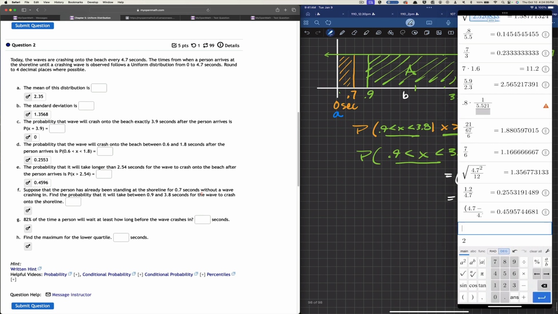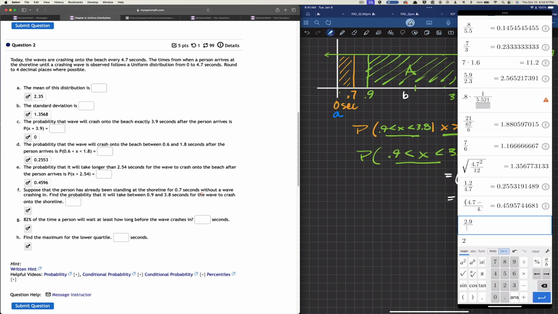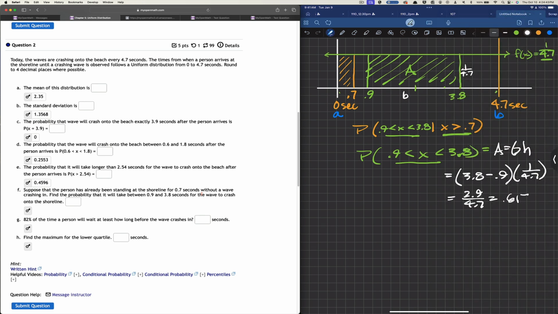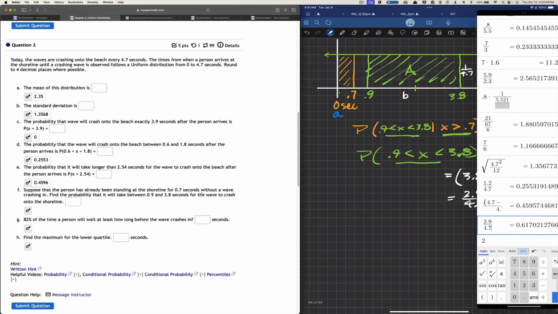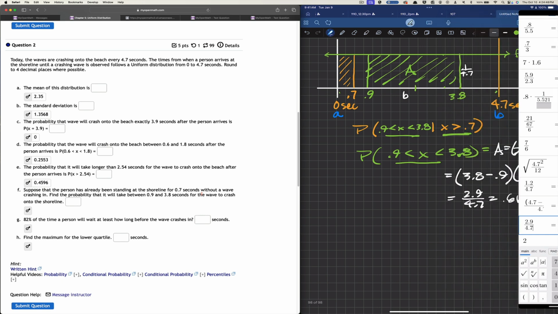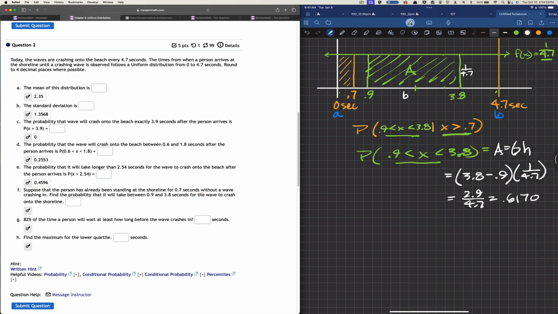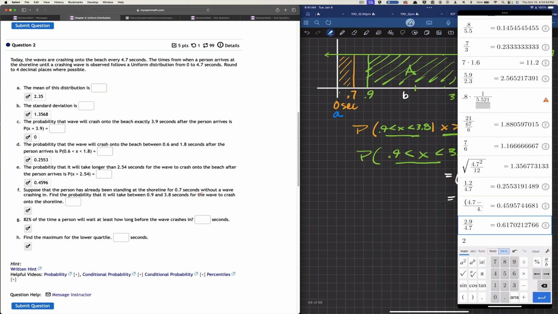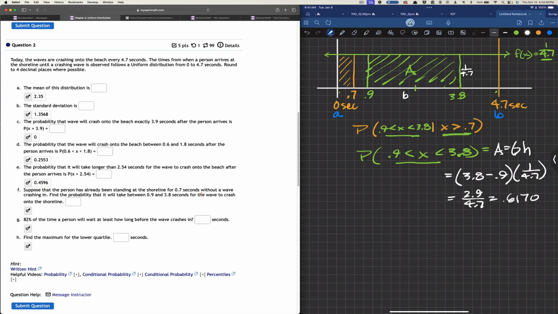And I get 0.6170. Now, I'm not going to use that number, 0.6170. I'm going to use the number on my calculator because when I cut that off, it loses accuracy. But I'm showing you if this is all we were looking for, that would be the answer.